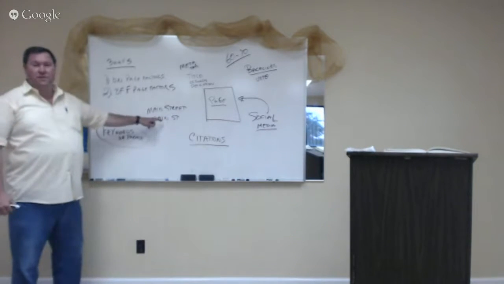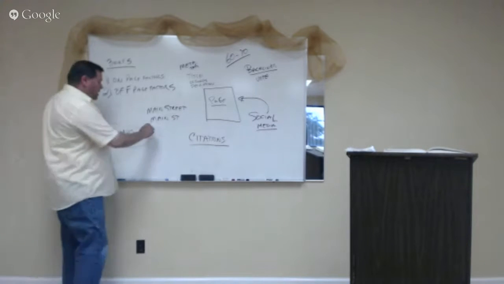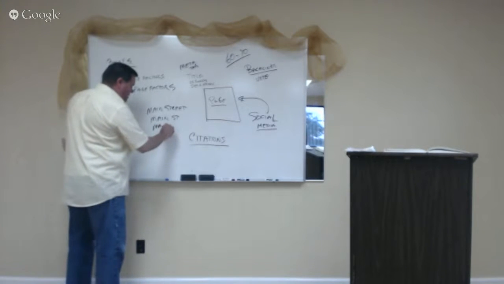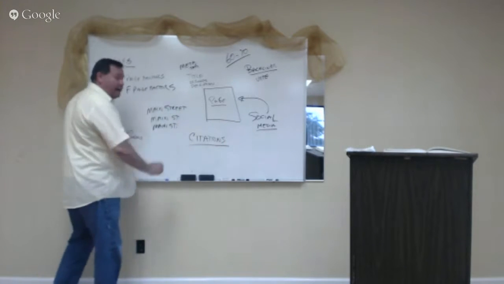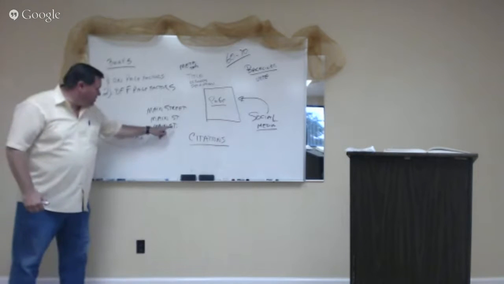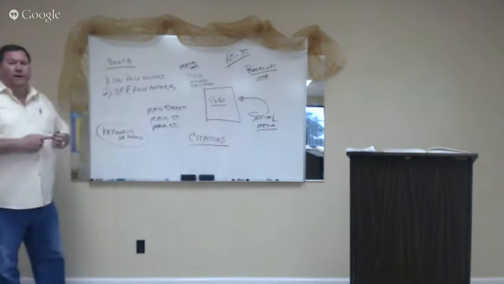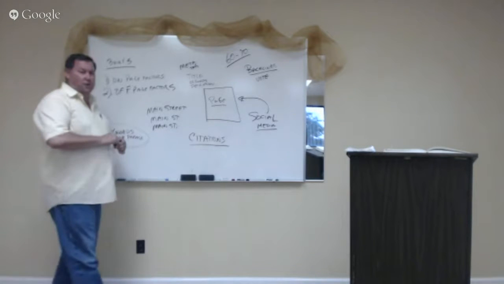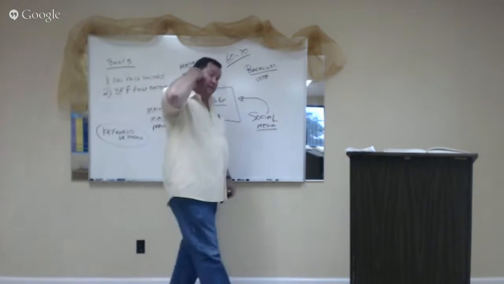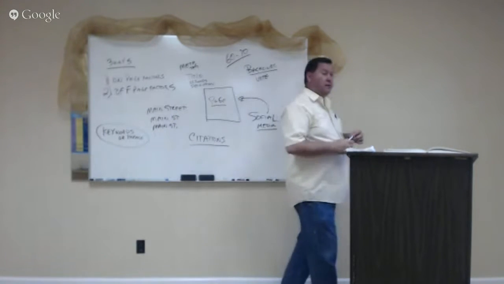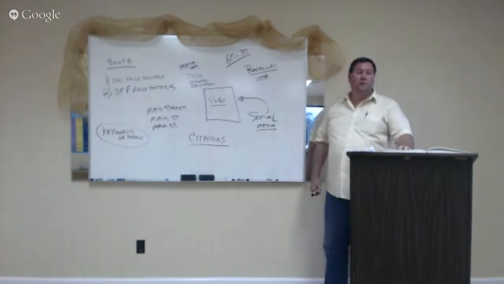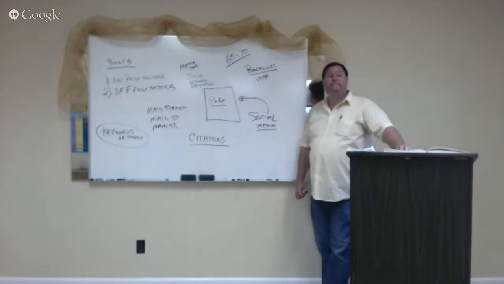Those are two different businesses to Google. So if you do Main Street with a dot, then every citation has to look exactly that way. If one decimal is off, Google won't recognize it. It'll actually penalize you once it figures it out. So you want to have as many citations as possible? Yep.